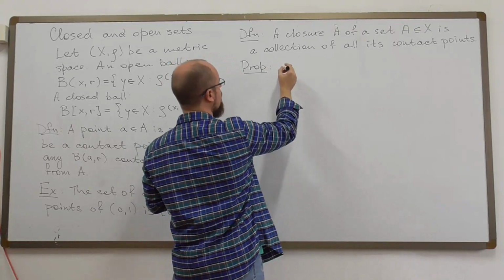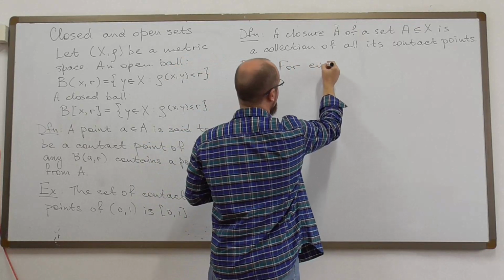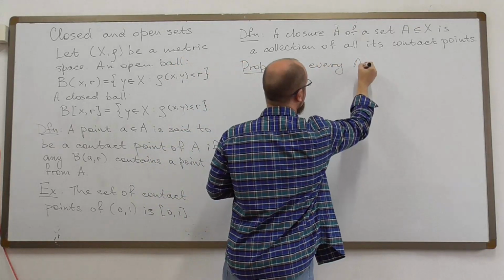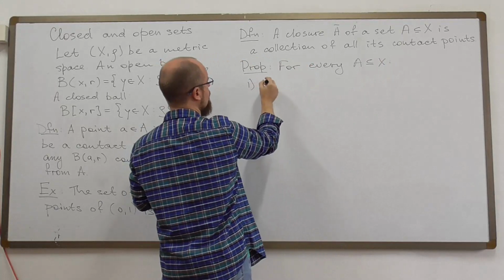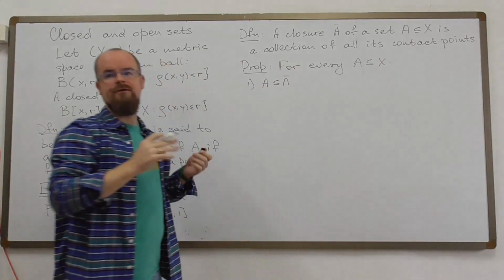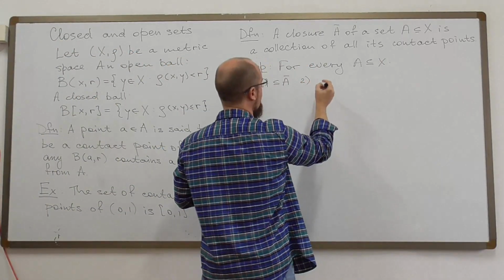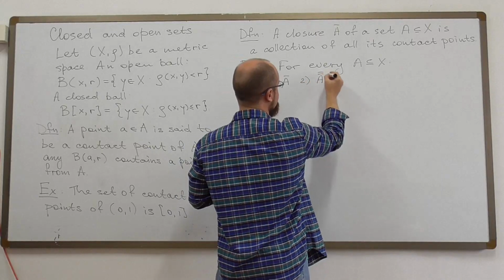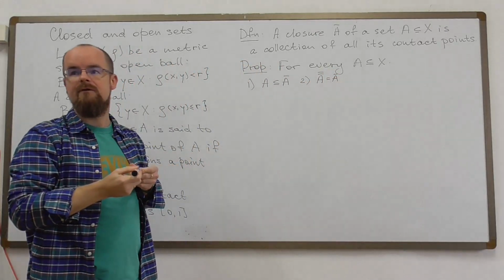First of all, for every set in a metric space, the set cannot be larger than the closure of the set, which is fairly clear. If we take the closure twice, then we will get exactly the same result as taking closure once.